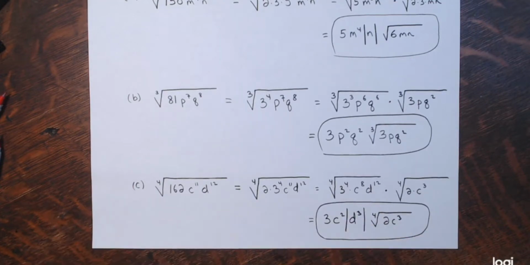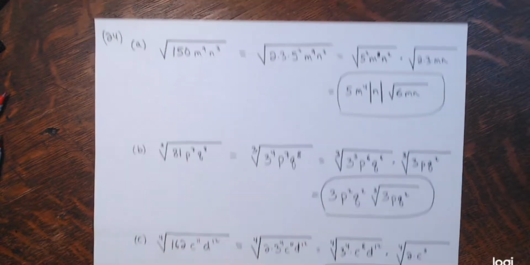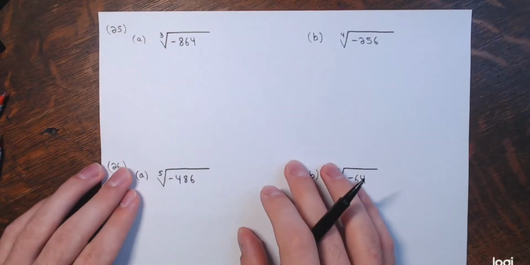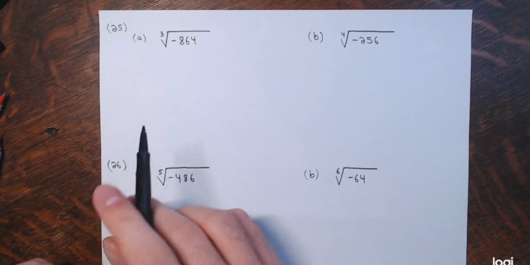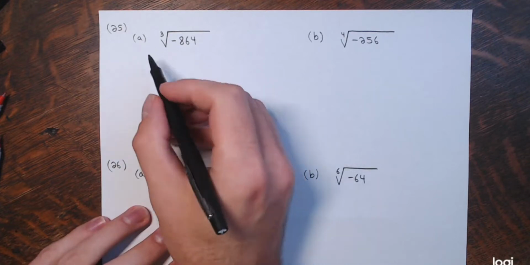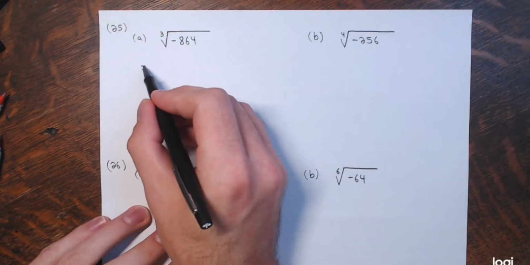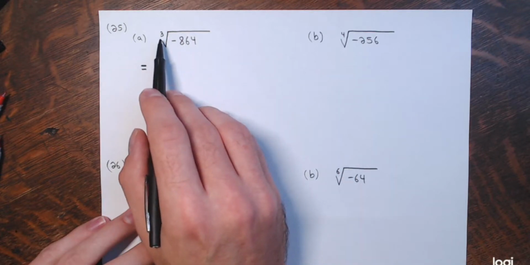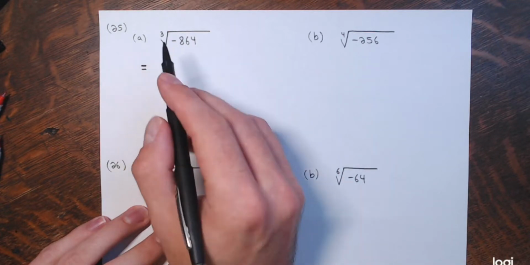Okay, wonderful. Alright, so now getting into some examples of radicals with a negative radicand. Now, I hope you remember here that when you take an odd root of a negative number, the result will be negative.